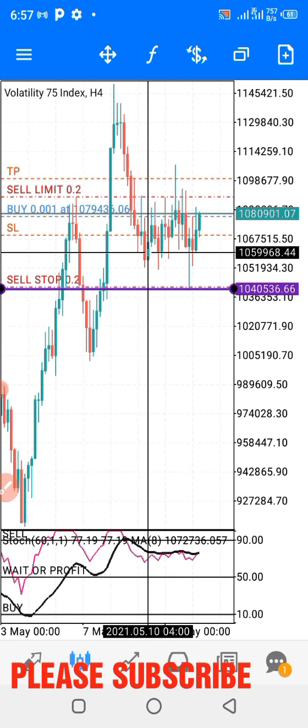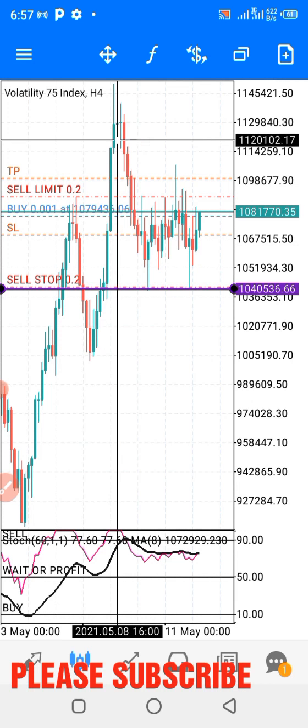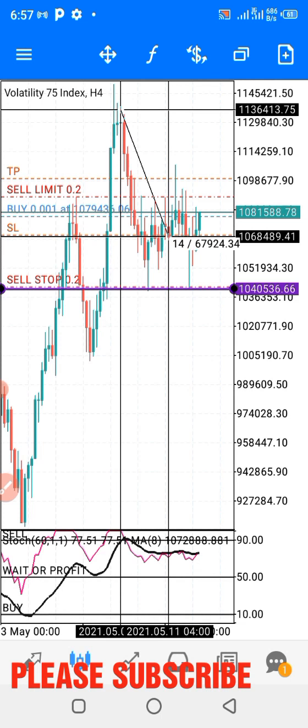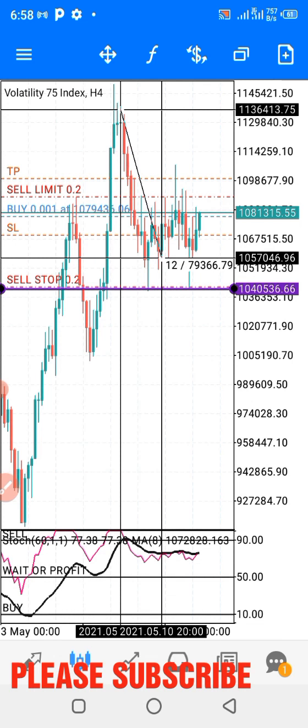By now you should have been making huge money. If I calculate from here, this is where we placed our order and it was activated, and the market sold up to this level. We caught 79,366 points.